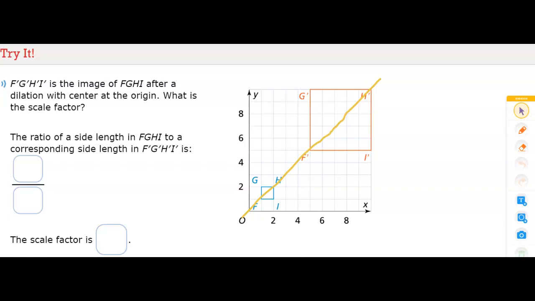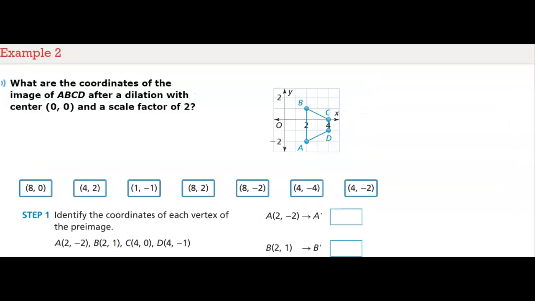If we draw a line, our corresponding side length would be here, right? And so this is at 5. So our ratio of the side length will be 5 to 1. So that is our ratio. So the scale factor is 5.